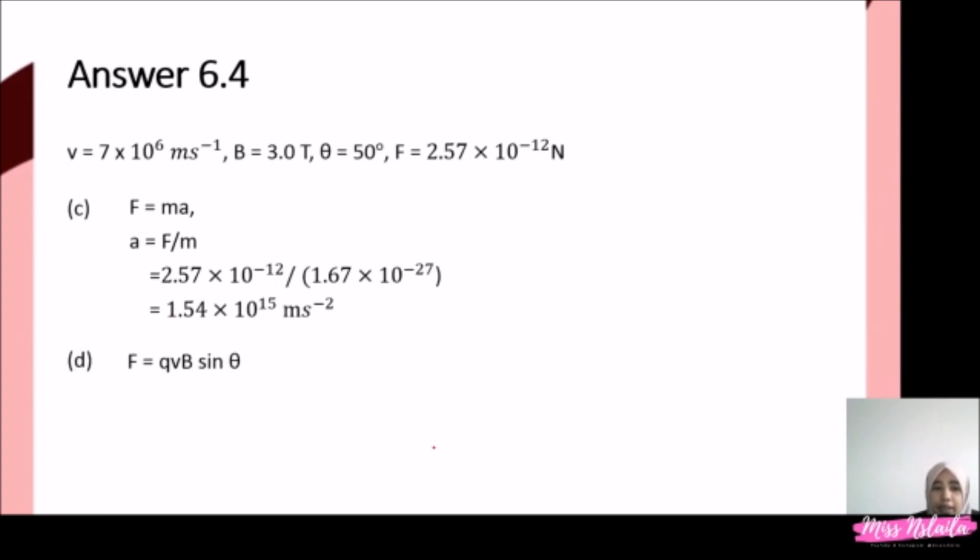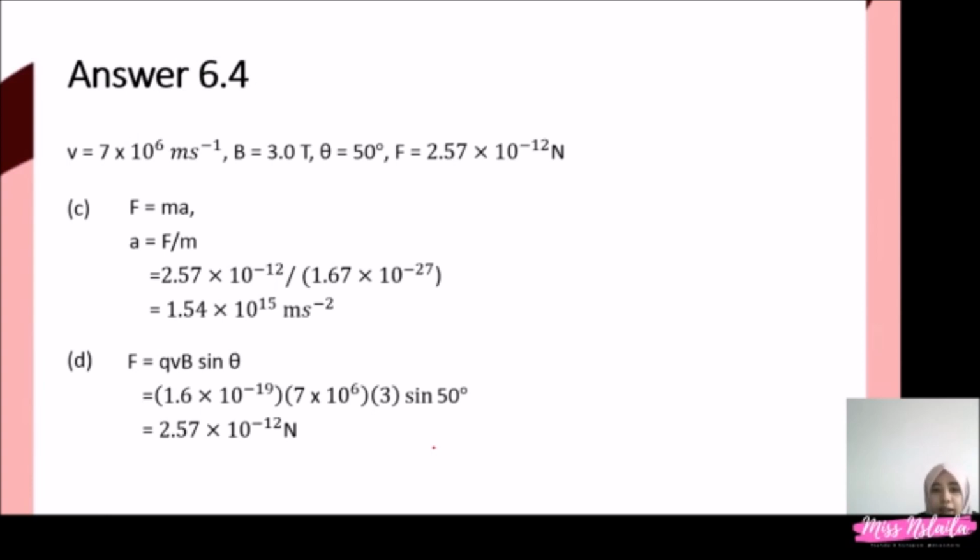And for question D, when we replace proton with electron, maybe you think that we need to put negative sign into this equation. But actually no. Okay, sebab force ni dia adalah vector quantity. So bila equation yang melibatkan vector quantity, you don't have to substitute the sign into the equation. So you will get the same value with proton.